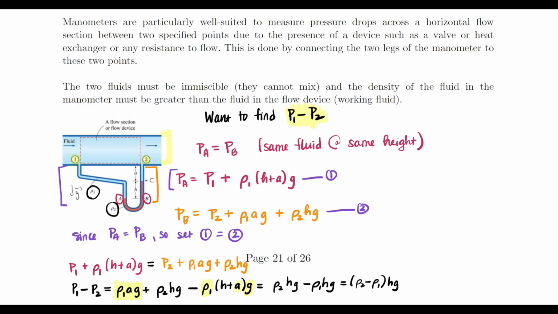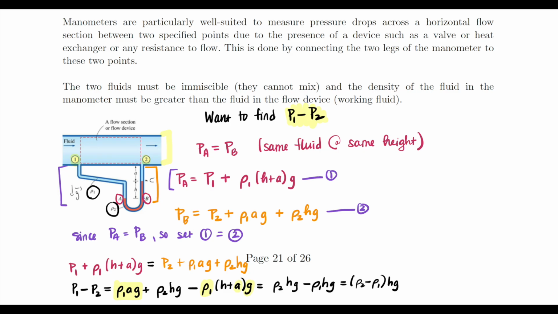Can anybody tell me how this simplifies? There's two terms that cancel each other out here. Gravity is in all three terms. I could divide through by gravity, but then I'd end up with P1 minus P2 divided by G. But do you see this term show up anywhere else with a minus sign in front?